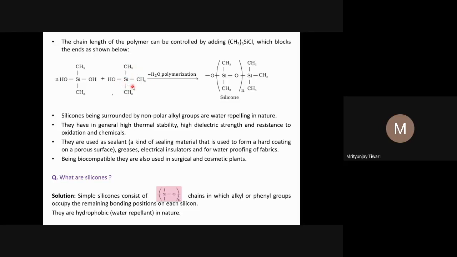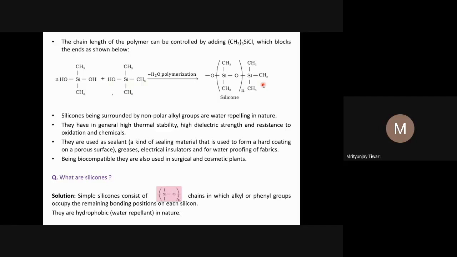After the hydrolysis, the Cl will be replaced with OH. So this OH and this OH will be formed, and there is no oxygen atom at the terminus of the silicone, and so this now ends the further polymerization, or further addition of another monomer unit.